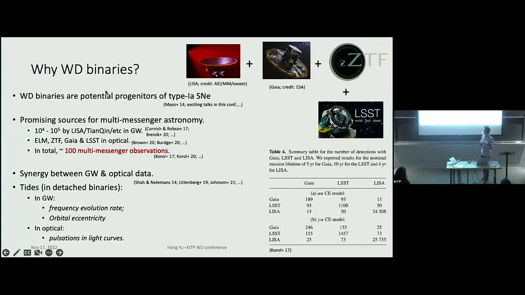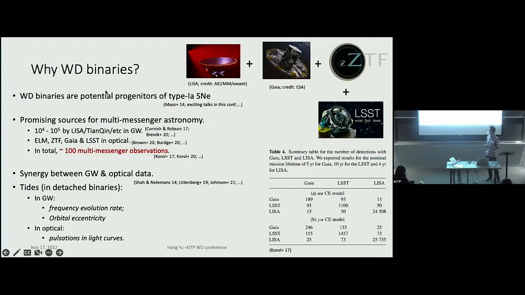So white dwarfs or white dwarf binaries are important for various reasons. For example, during this conference, we heard a lot about how they are potential progenitors for type 1a supernovae. For me, I'm mostly interested in them because they are guaranteed sources for multi-messenger astronomy.